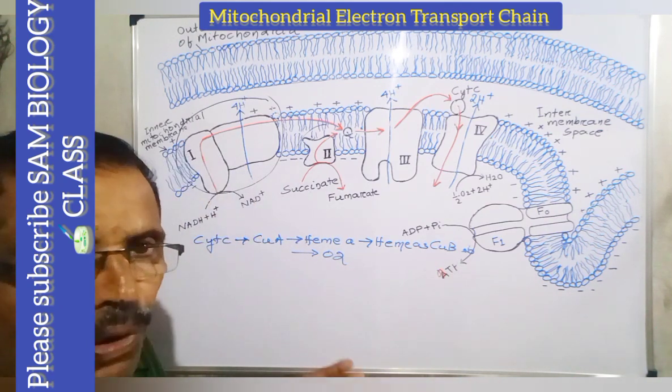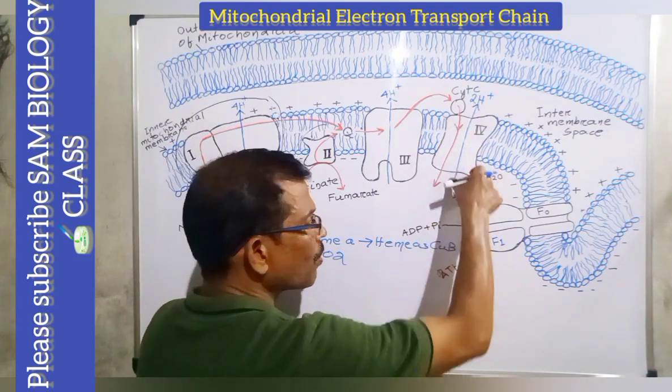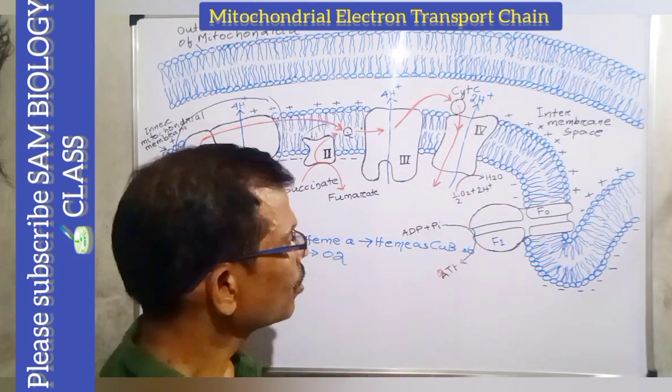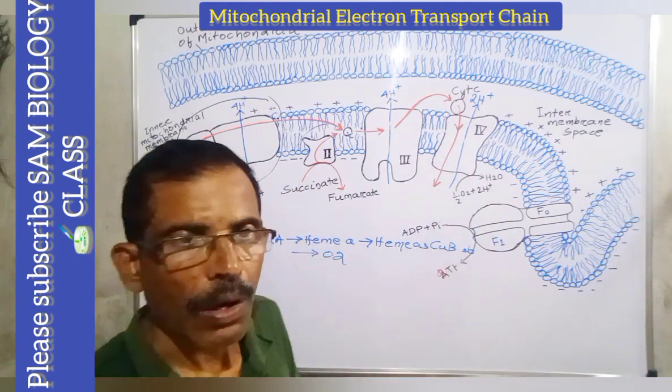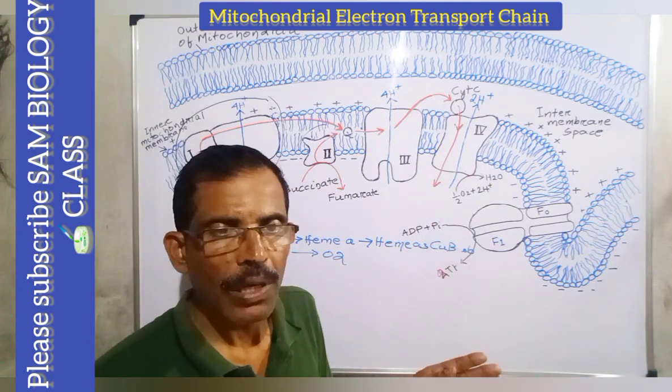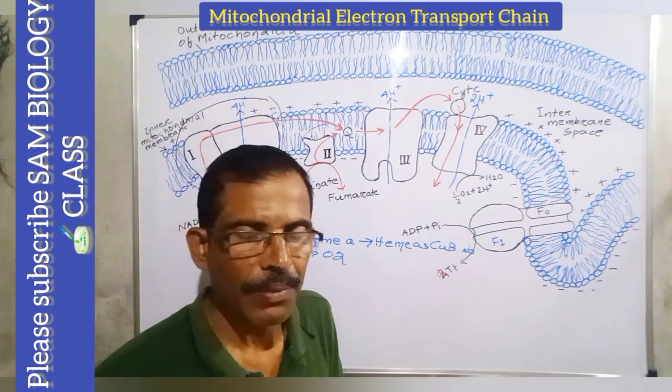For every 4 electrons passing through, complex 4 also consumes 4 protons from matrix side in order to reduce 1 molecule of oxygen to 2 molecules of water.